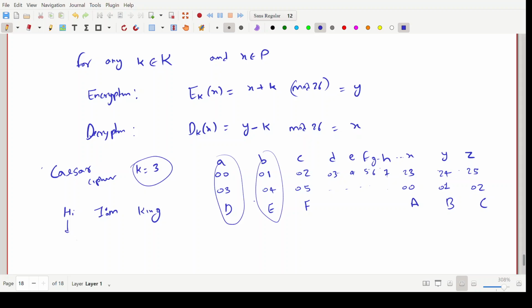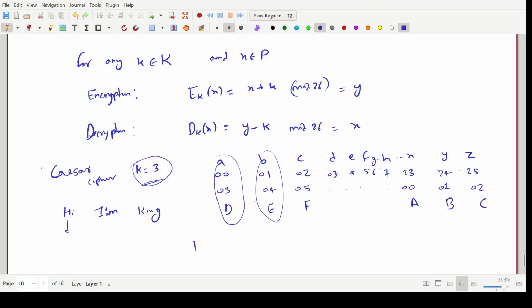And then look at the table. Here I have taken the example for k equal to 3. You can take another key for that. But here the problem is that the order of the key space is 26. That means if somebody wants to break it, they just have to try these 26 keys.